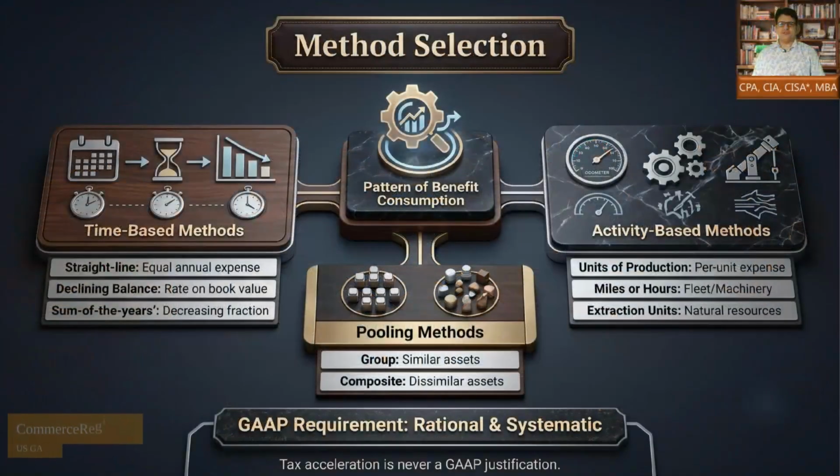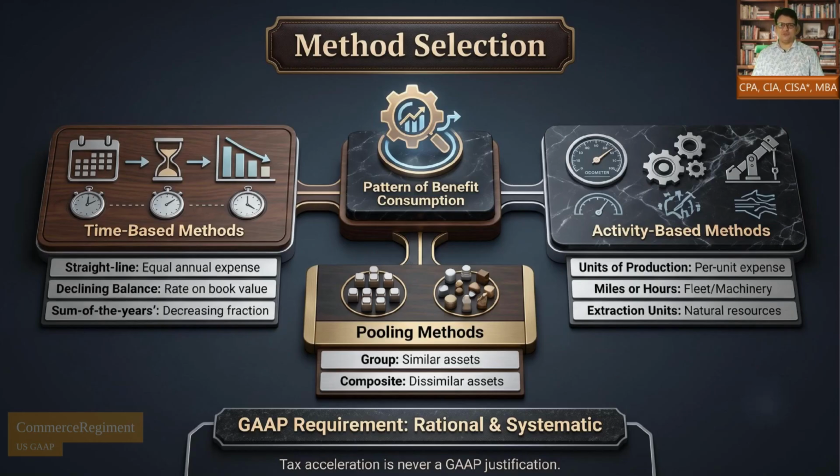The depreciation method should match how the asset's service potential is consumed. Time based methods work when age, passage of time, or obsolescence drive economic decline. Straight line gives equal annual expense. Declining balance and sum of the year's digits front load expense.